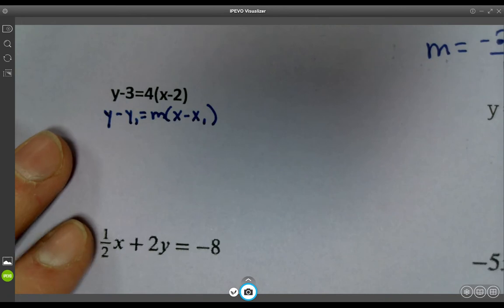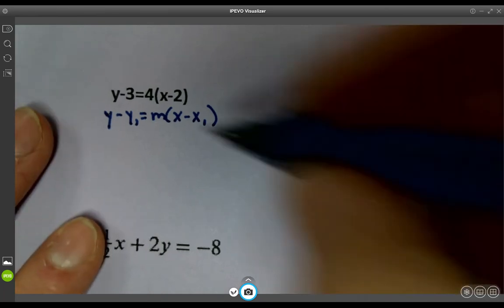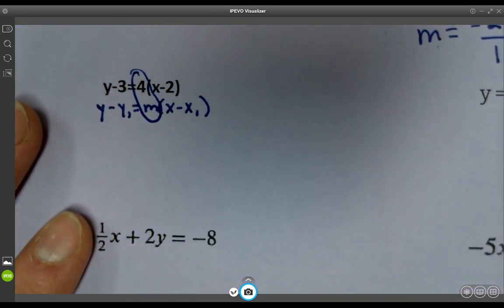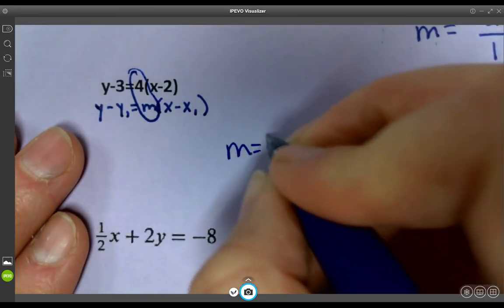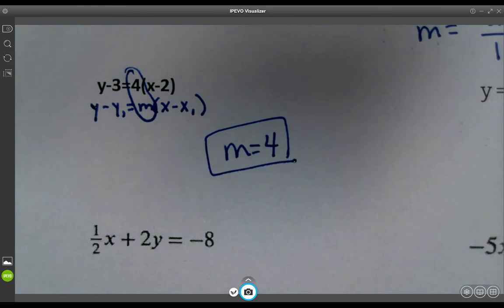So they're written in the same form. They just have numbers in the m spot, the x1 spot, and the y1 spot. So the slope is just the number in front of the parentheses right there. m equals 4. We don't have to solve it out because it's in that one form where it has m in front of the parentheses, which really helps out, makes it easy.